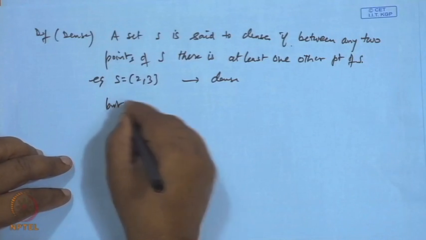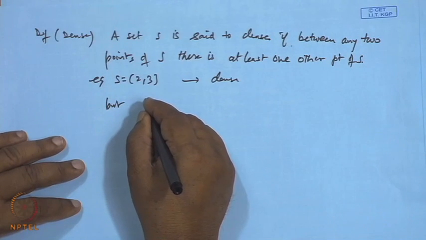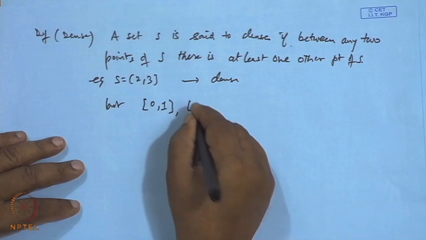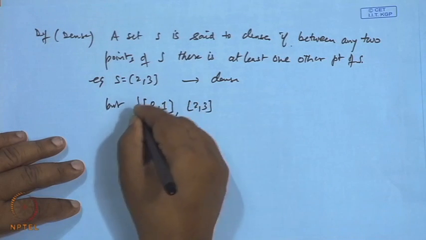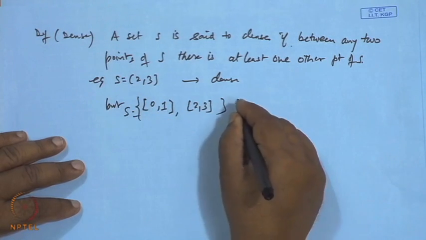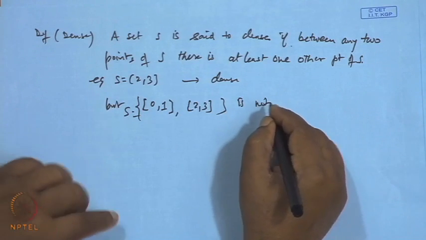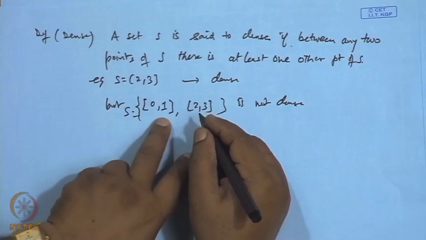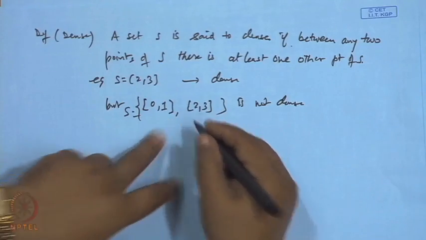But if we take the set S as the union of 0 1 and 2 3, this collection is not dense, because between 1 and 2 we do not get a point of S. So, that is what dense is.